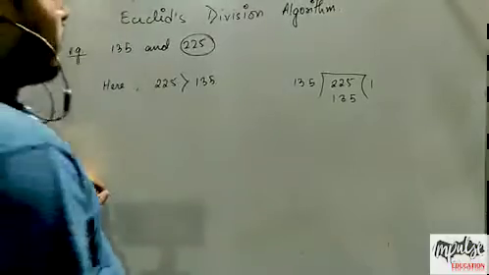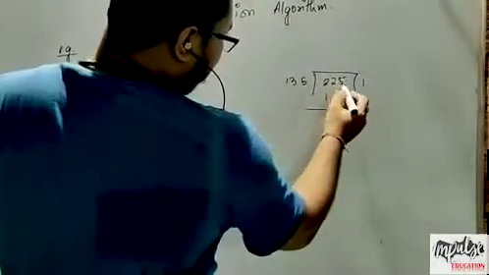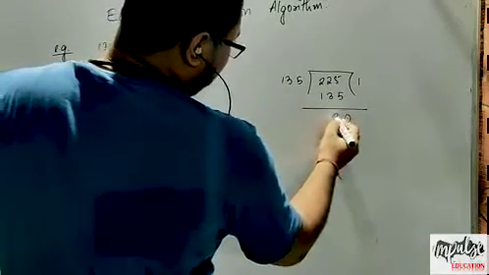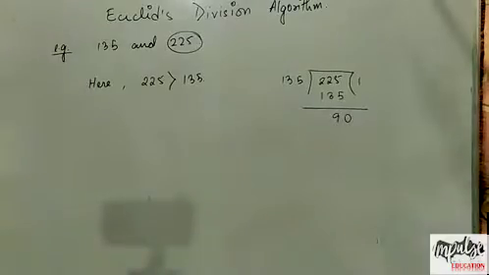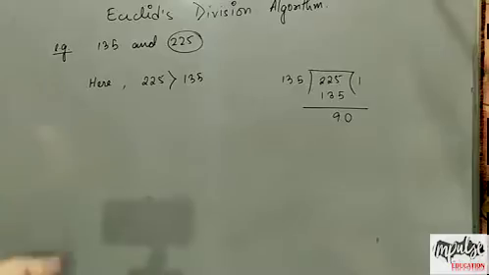Now what is the remainder that you have? You have 90 as the remainder. Now is 90 equal to 0? No, 90 is not equal to 0.